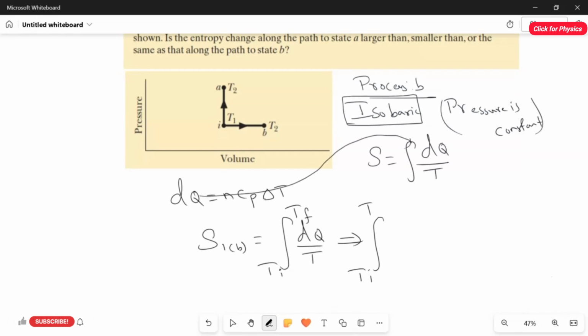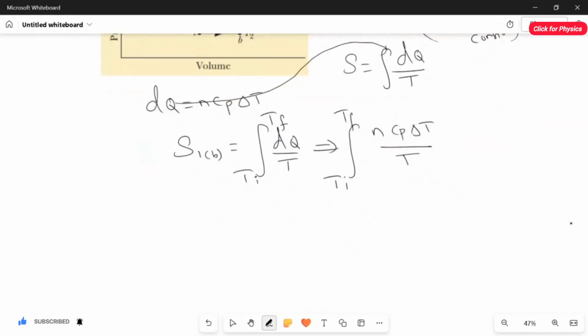First of all, let's substitute the value for dq. In place of dq, I substitute n Cp dT over T, and after that I'm going to take the constant terms outside. So S1 of B is equal to n Cp, which we can take outside, and when you integrate dT over T, it is the natural log of T. The initial temperature is the lower limit, the final temperature is the upper limit.